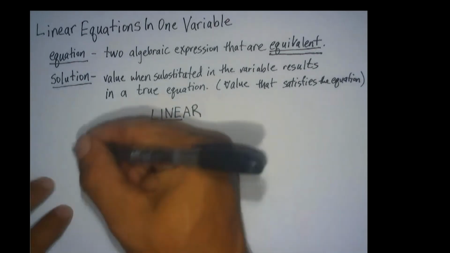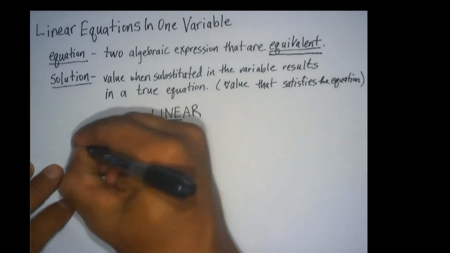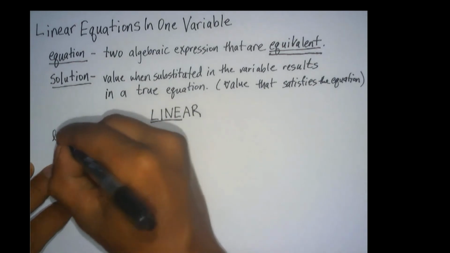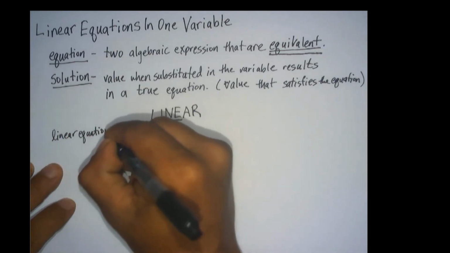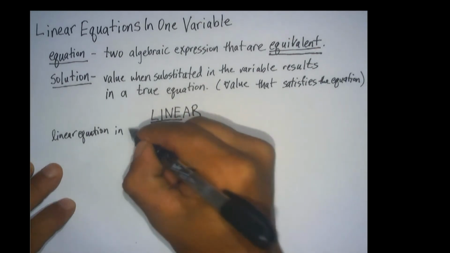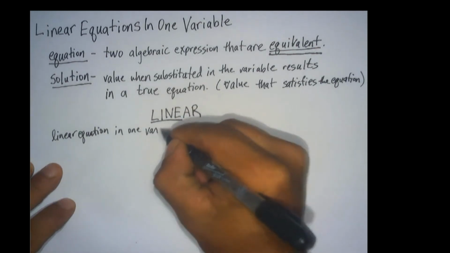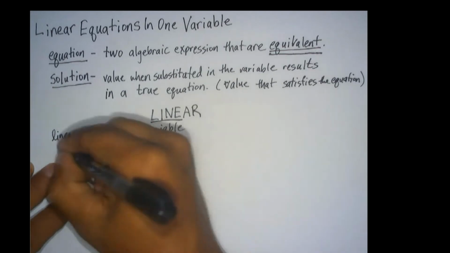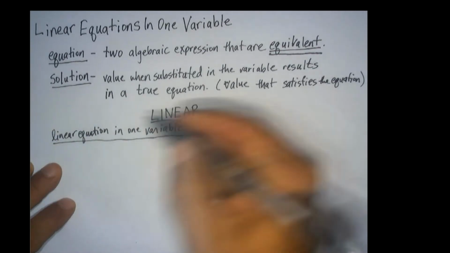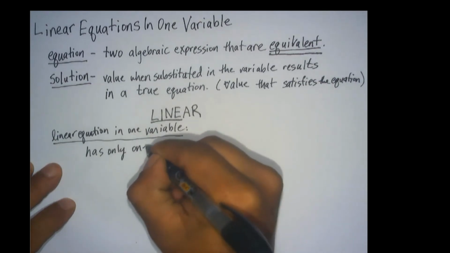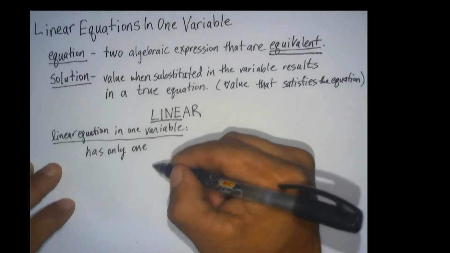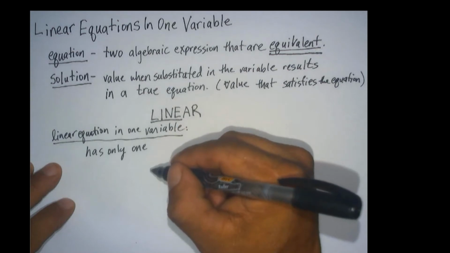And they have one variable. So a linear equation in one variable has only one variable. Now the same variable can be used more than once, but there's not an x and a y.